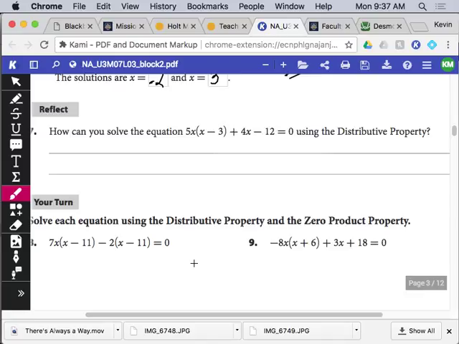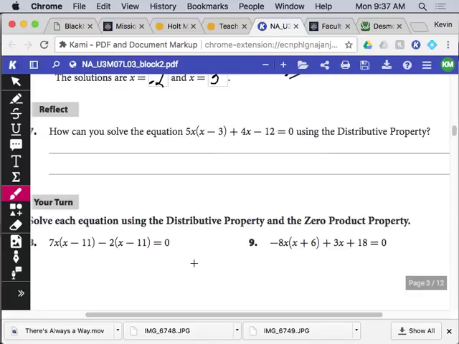We don't have something times x minus 3 plus another thing times x minus 3. So it's not the same form, but that's the form we want. Could we get 4x minus 12 to be something times x minus 3? Add 12 to both sides? Well, we don't want to do that, because then we'll end up with something over there. We want a 0 over there.